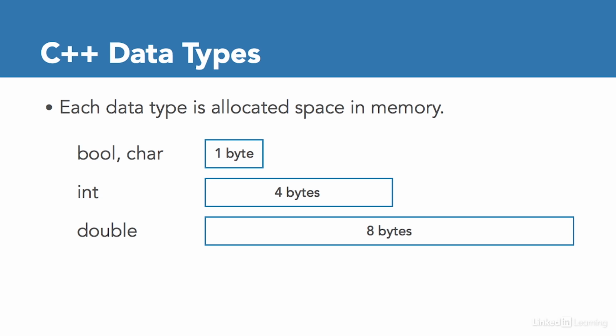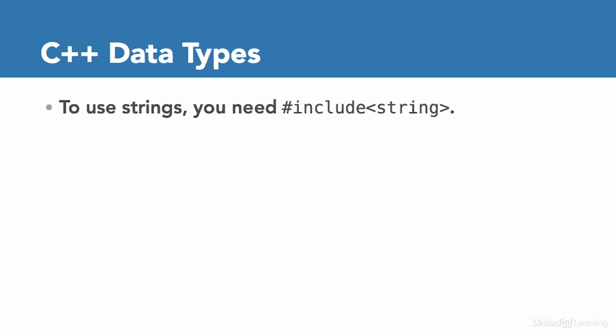The fundamental data types are available automatically through the standard library, but many times we also need special data types such as strings, vectors, and arrays. To use strings, we already said we need to include the header, #include string. An example of a string might be string name equals "today is Monday".